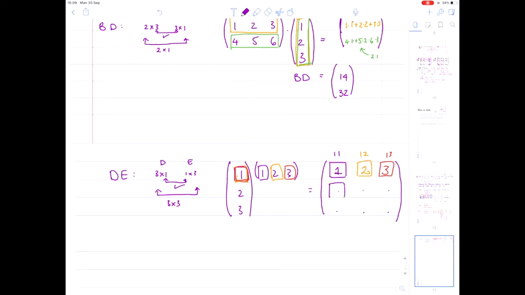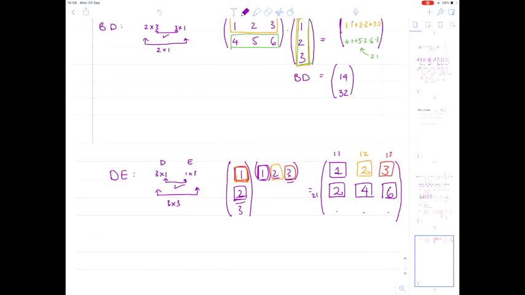This entry over here is the 2, 1, so it says second row times first column. This one will be second row times second column. This will be second row times third column.